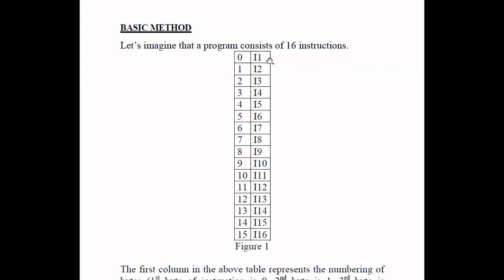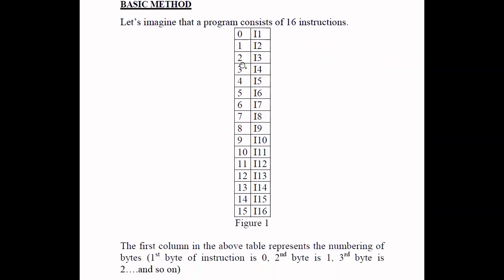So the first instruction, I1, occupies the first byte, numbered 0. The next instruction, I2, occupies the next byte, numbered 1, and it goes on. So the instructions are numbered based on the bytes. Every byte carries a number. The 0, 1, 2, 3 stands for the byte numbering, and this stands for the instruction.